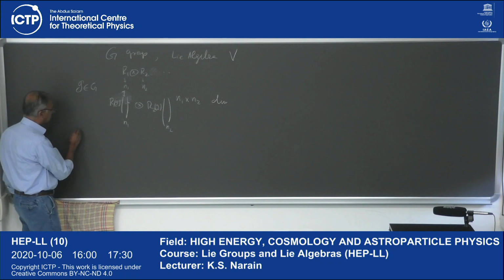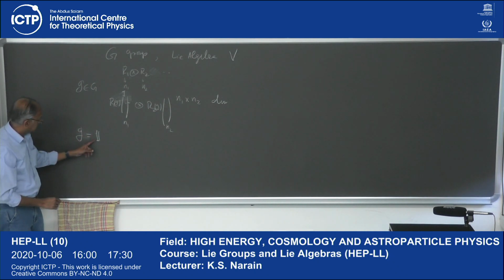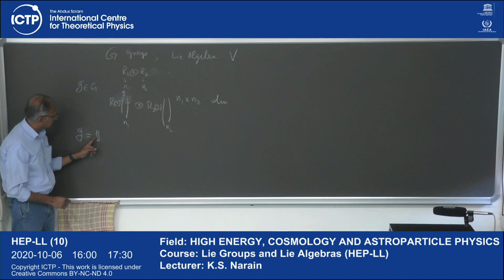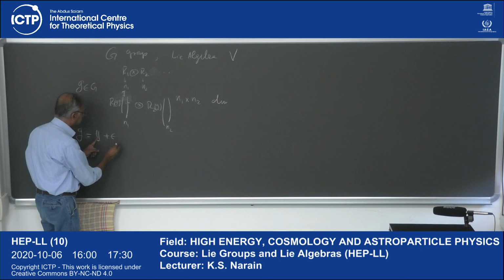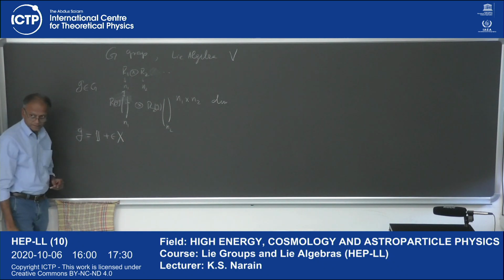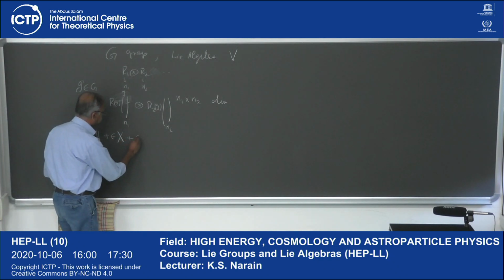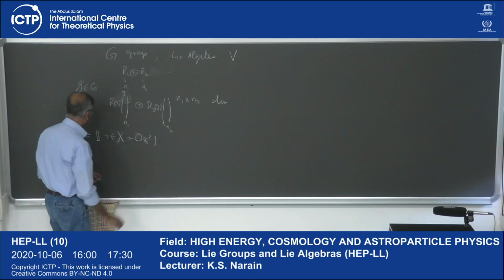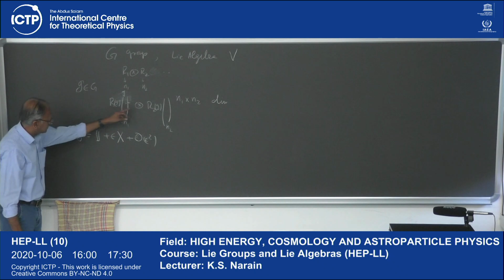Now what happens if I look at the Lie algebra, let's say some x? Let me write g, which is close to the identity. The Lie algebra is obtained by taking a g close to the identity and making an expansion: g equals identity plus epsilon x plus order epsilon squared. Let's plug that in.